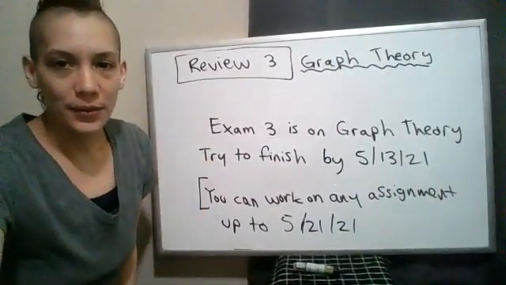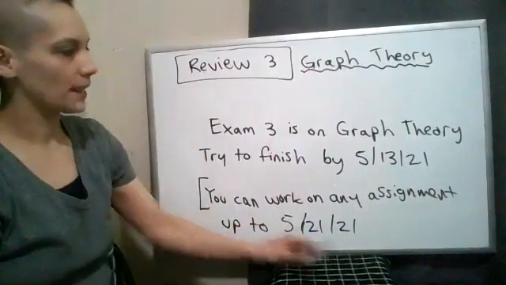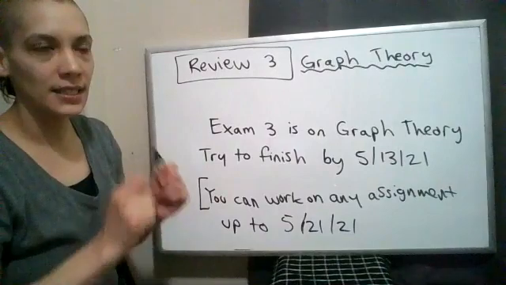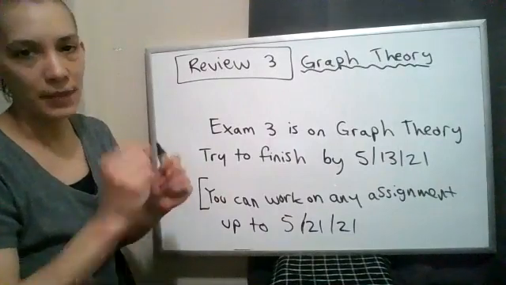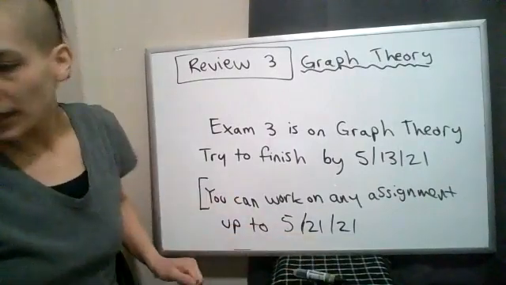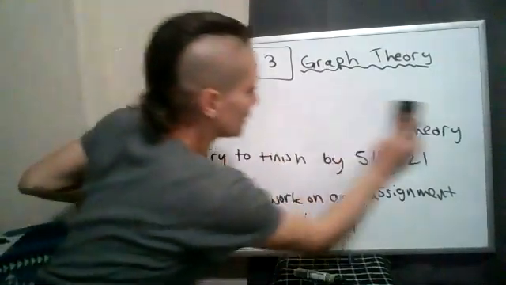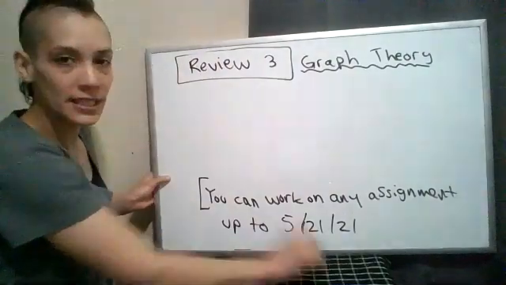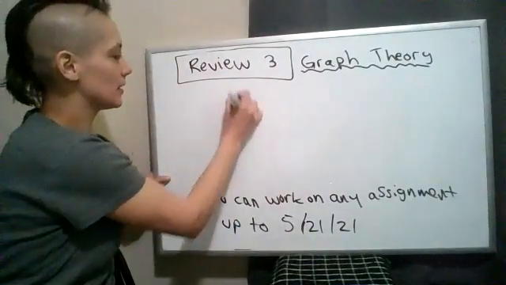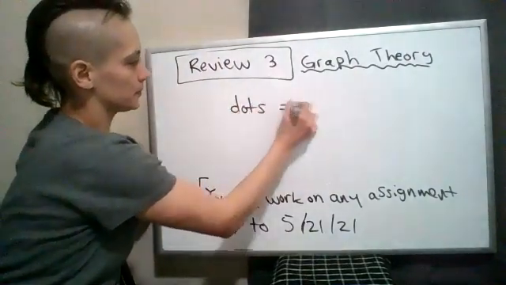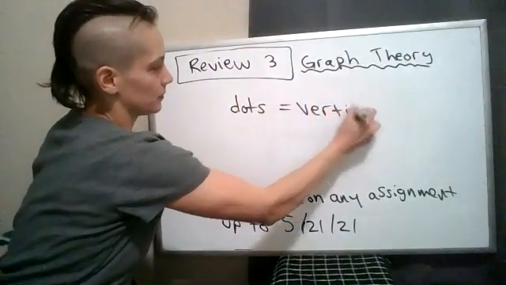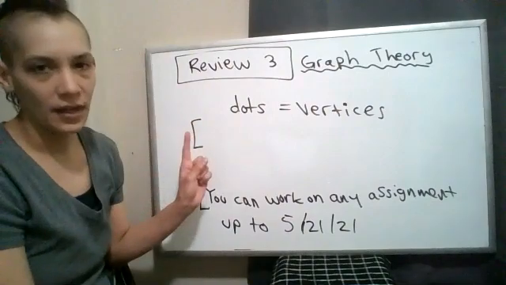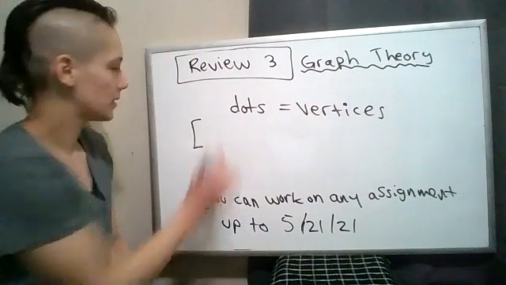So starting off with what a graph is. A graph is a collection of vertices, each one connected by an edge. Let's break it down: the vertices are the dots. One dot is called a vertex.